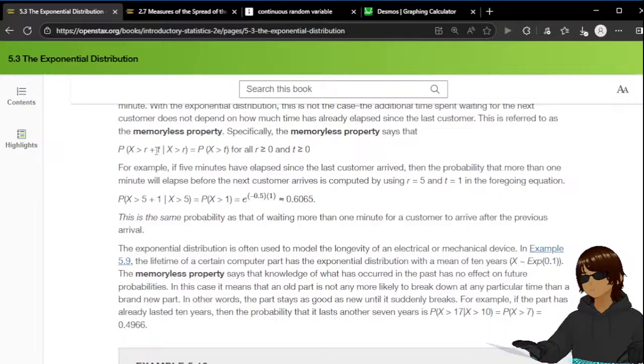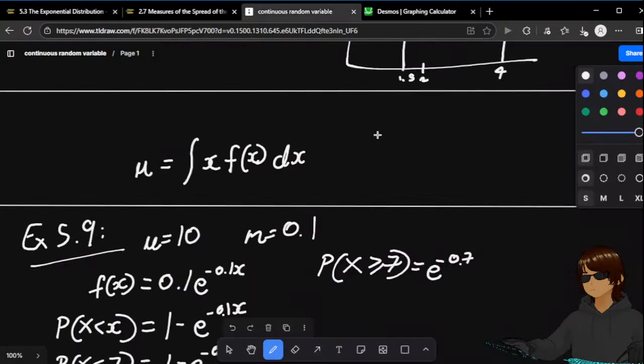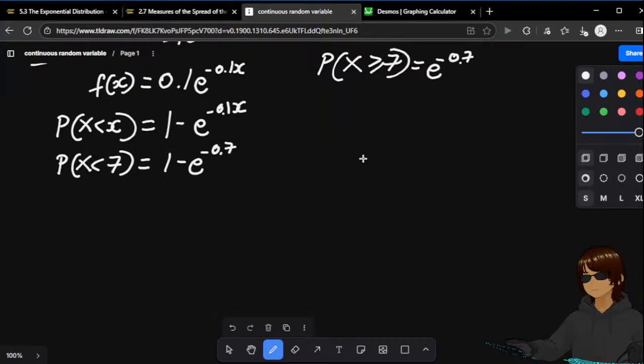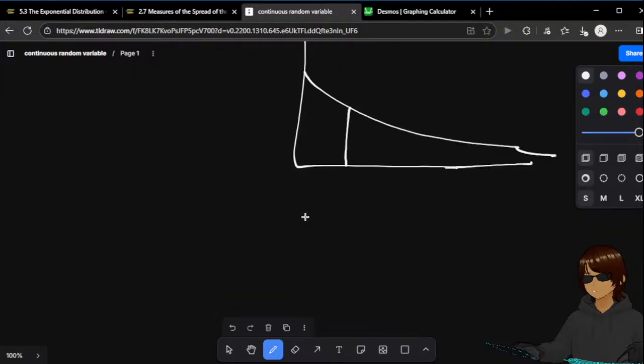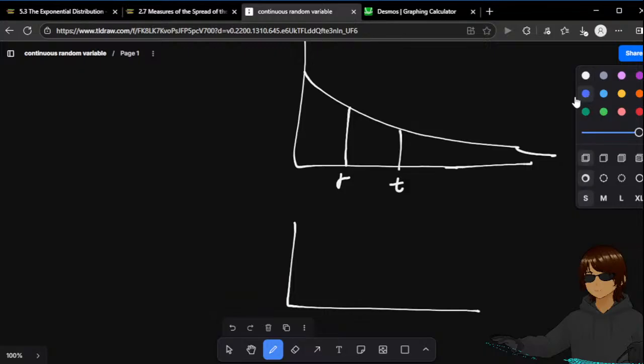I see. So what they're saying is, we have r, we have t. If r already happens, let's just take this graph and then shift it back.